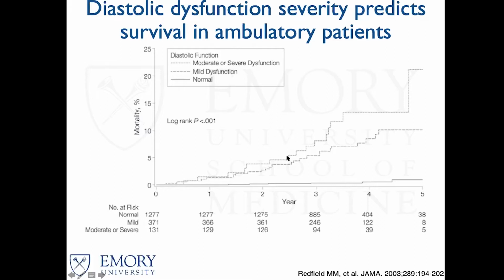And here you see in this curve here, moderate and severe diastolic dysfunction had even worse survival. Now here you see some number instability because of the lower numbers, but you can see that even though you do have some number instability, the signal is clear that worse diastolic dysfunction is a predictor of worse survival at 5 years.